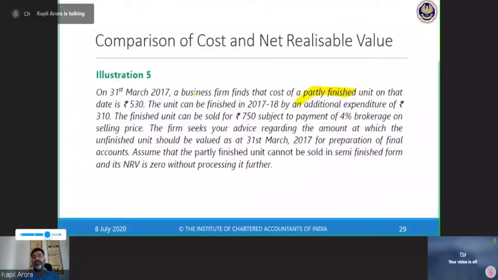Whereas the unit can be finished in 2017-18 by an additional expenditure of 310.